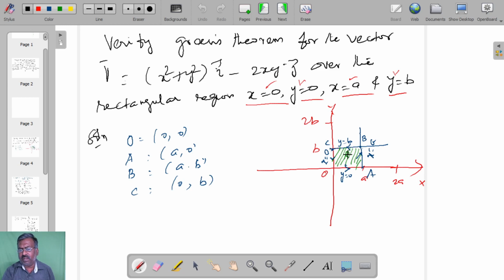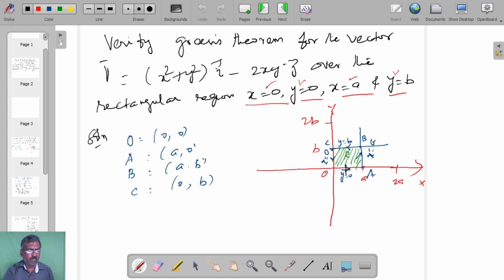That's why we take the integration for the region first. For the region, it is like area, so we take a double integral. Finish the double integral first. Then for the single integral, find the curve value for each line separately: OA, then AB, then BC, then CO. Find all four curve values separately and add all four at last.